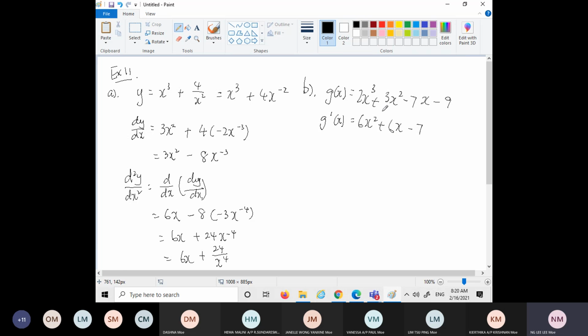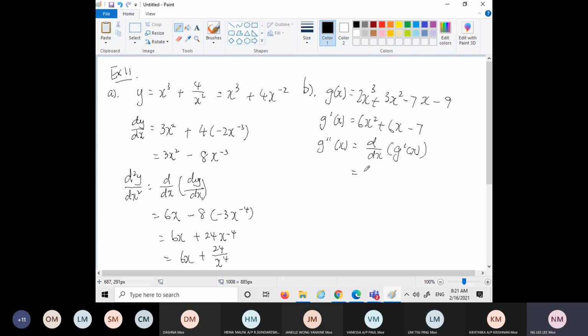So after differentiating one time, g prime x, you have a quadratic function. Next, g double prime x. On top of the g prime x, I differentiate one more time. This means differentiate g prime x, following the definition.